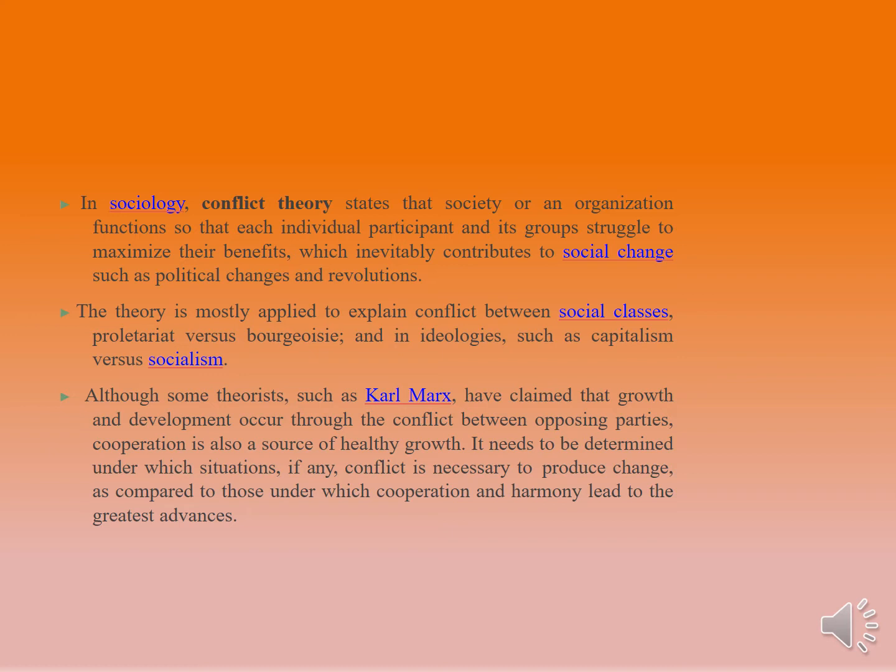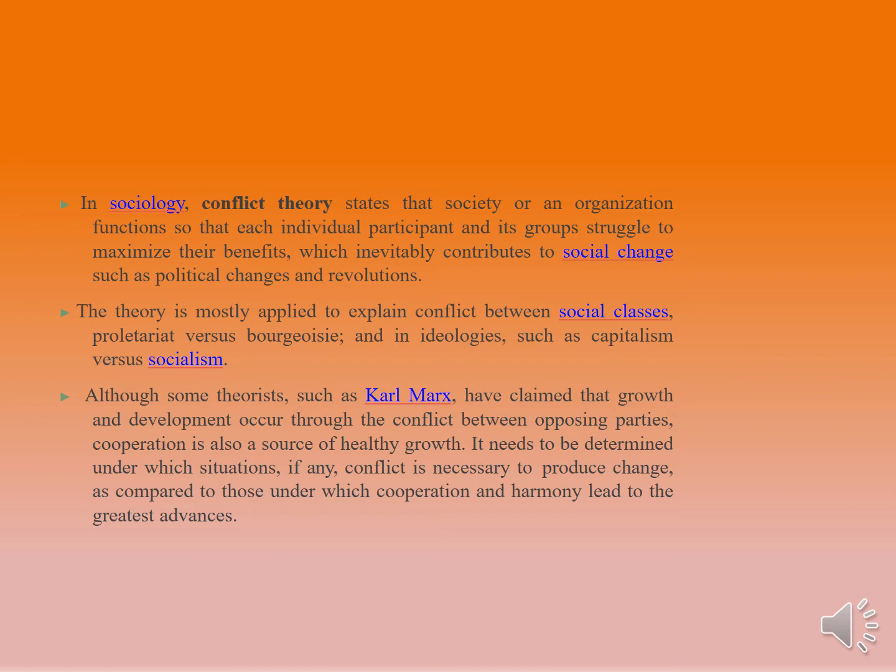Actually, the theory is mostly applied to explain conflict between social classes, the proletariat versus the bourgeoisie, and ideologies such as capitalism and socialism. Although some theorists such as Karl Marx have claimed that growth and development occur through conflict between opposing parties, cooperation is also a source of healthy growth.